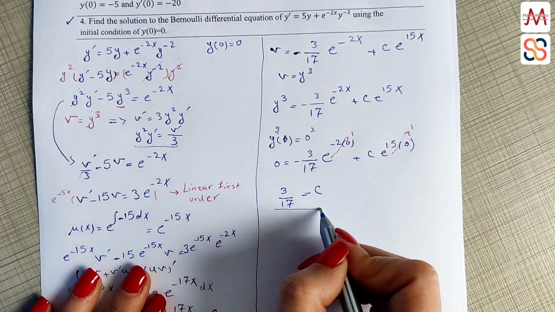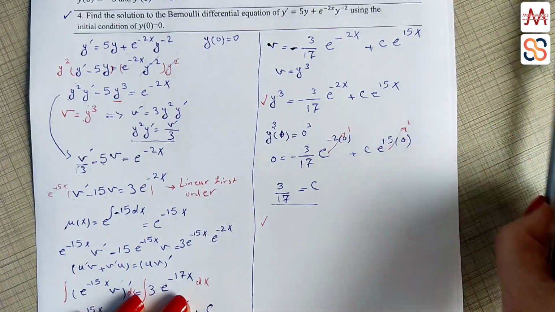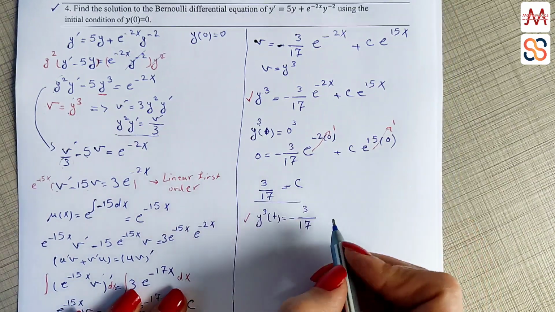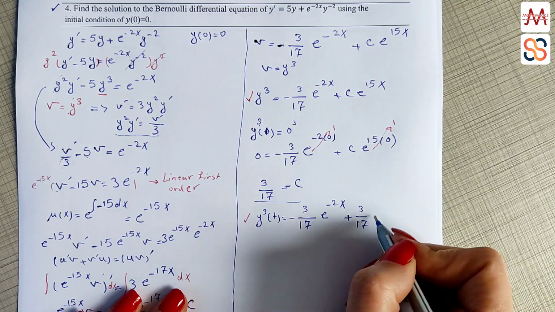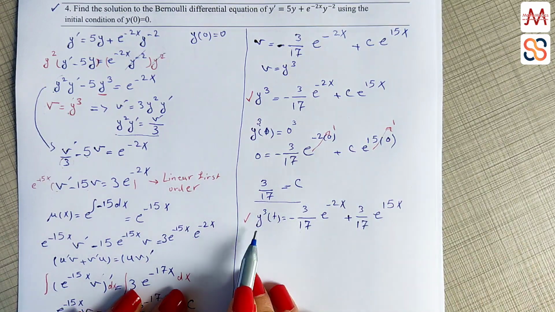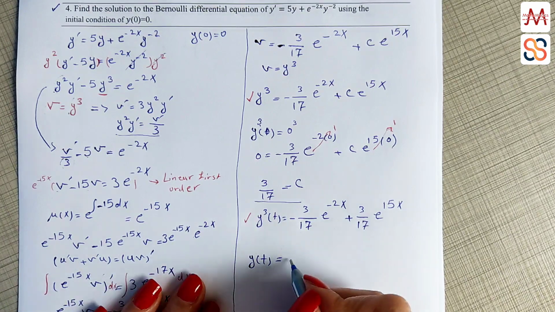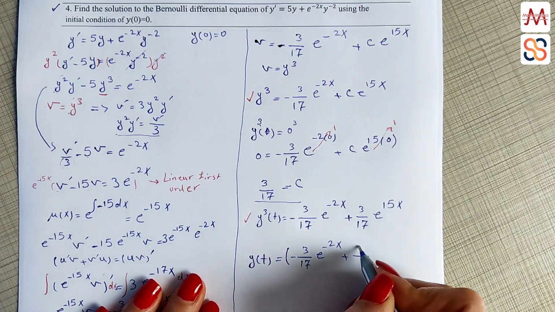C was found and it is 3 over 17. Now we can write actual solution for the Bernoulli differential equation, but it is better to simplify and write y of t itself alone. Problem is solved.